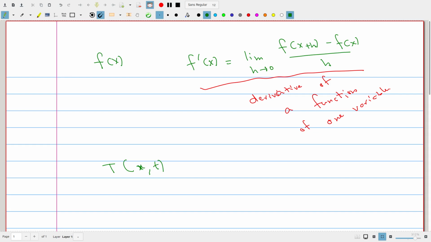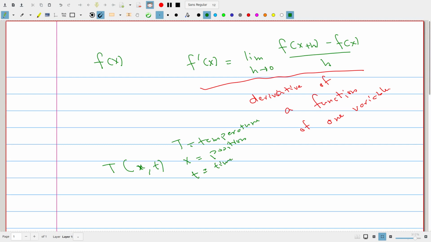Let's say we live in a one-dimensional world, so we need only one variable to specify the position. T is for temperature, x is the position, and small t is for time. Right?